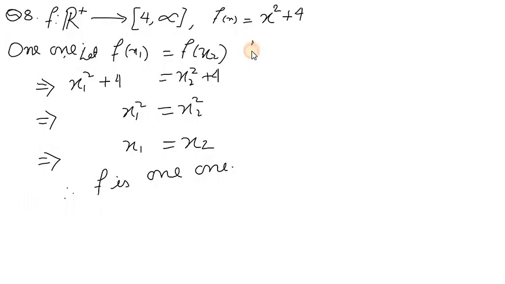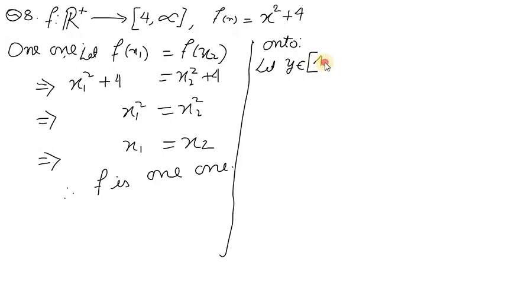So you start with onto. Let y belong to the codomain, 4 to infinity. Okay, so then what happened?